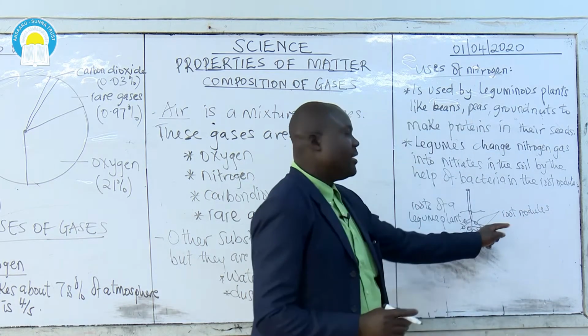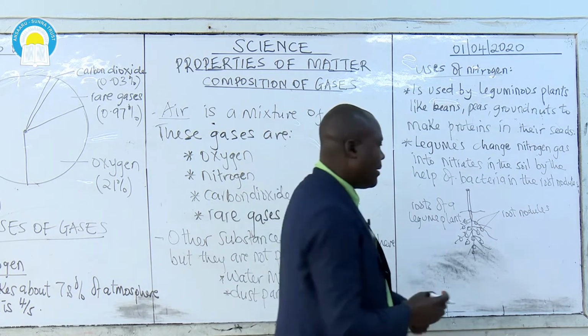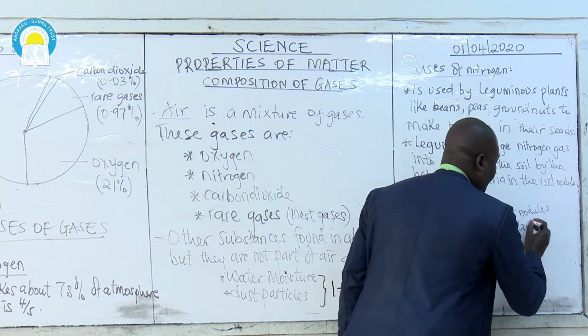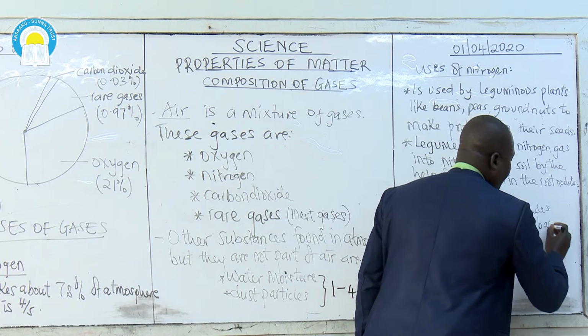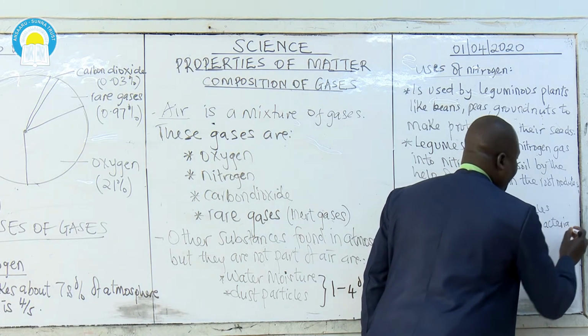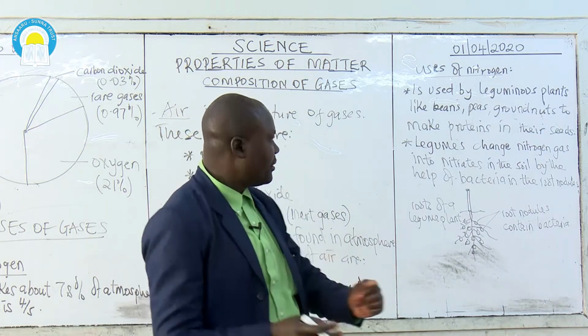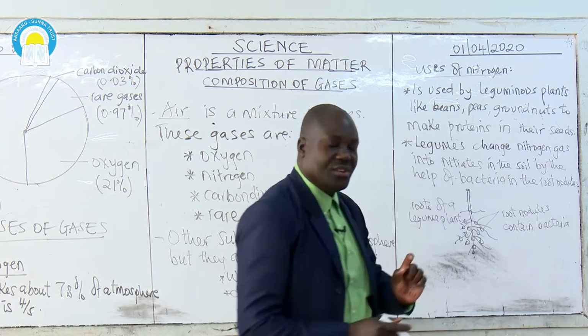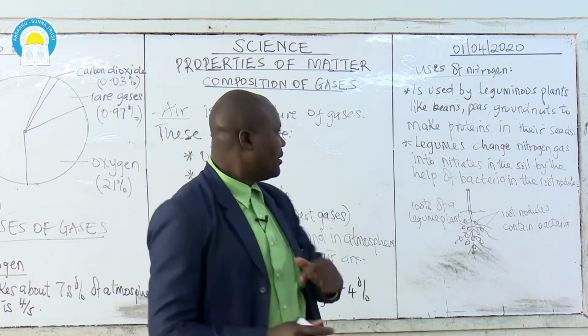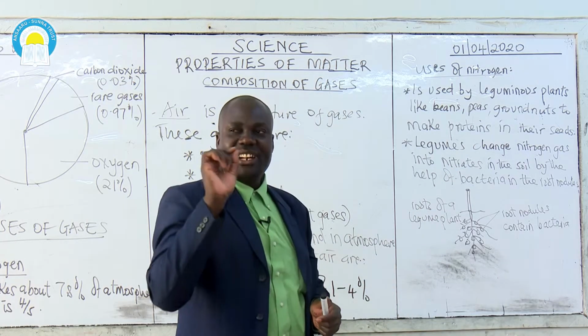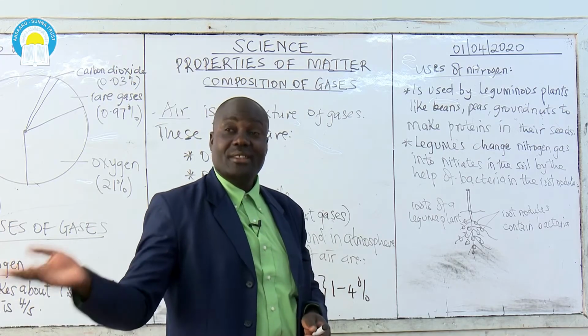Root nodules contain bacteria. So this bacteria inside the root nodules is the one that converts nitrogen gas into nitrate. And nitrate is a type of nutrient required by plants to grow in the soil.